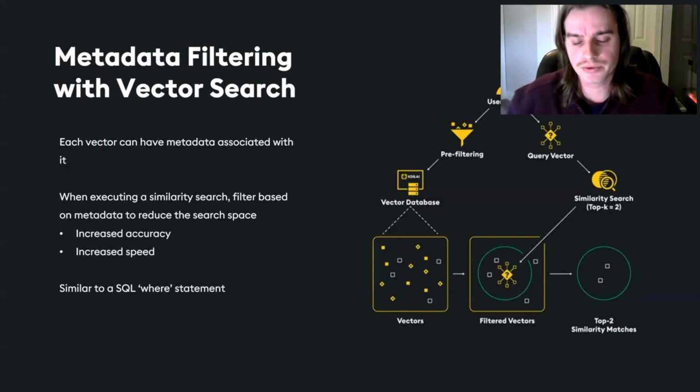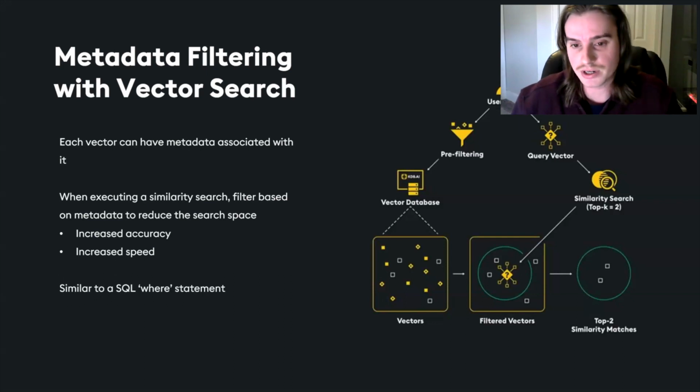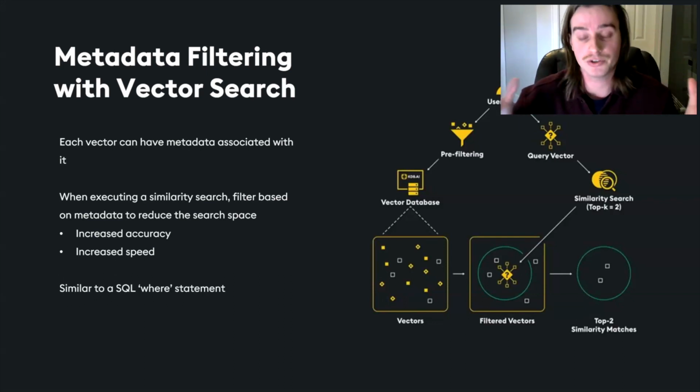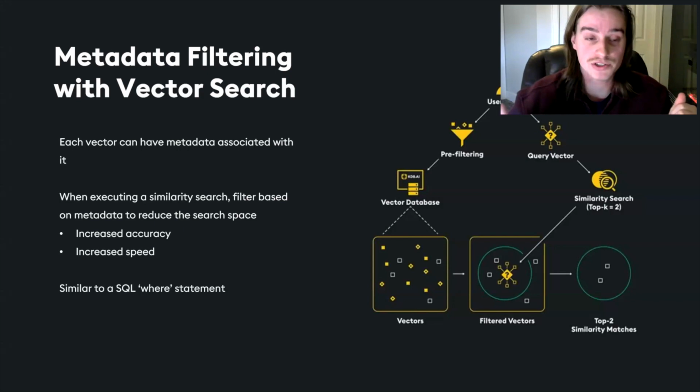And the reason I think this idea is important is because you can compare two pieces of data with a transformer deep learning model and get a really accurate representation of how similar they are. But the problem is that is quite an expensive and time-consuming process to do. With a vector database, you're doing very fast similarity searches.